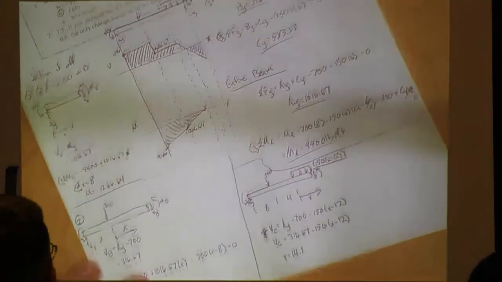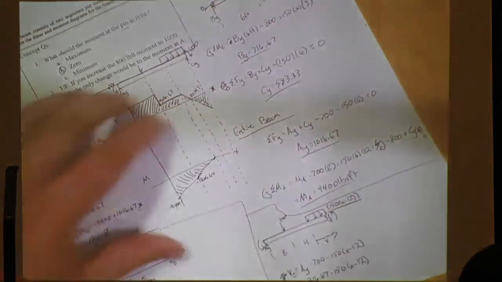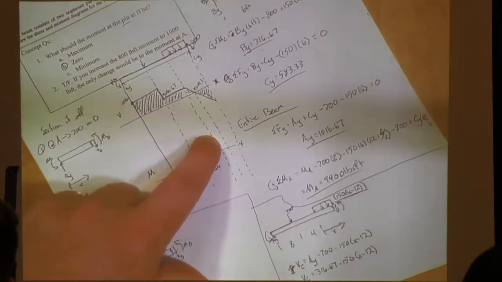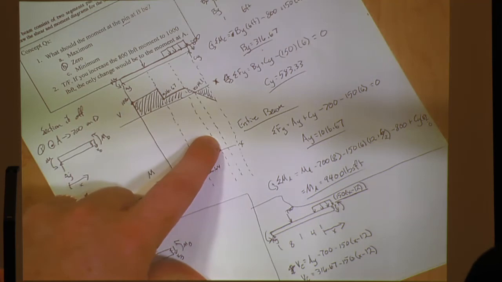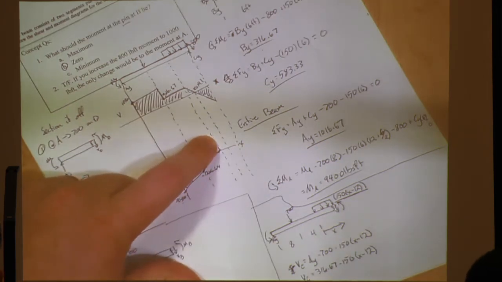And then once you know that location, you draw another mark right here on your shear and moment diagram, because on the moment diagram, that's going to be your max moment. That's the peak of the parabolic arch for your moment.